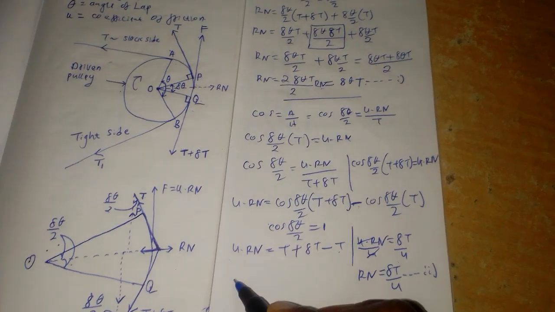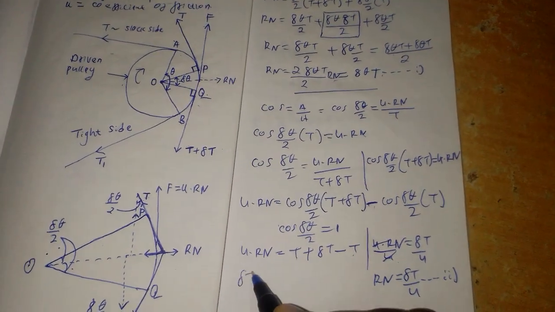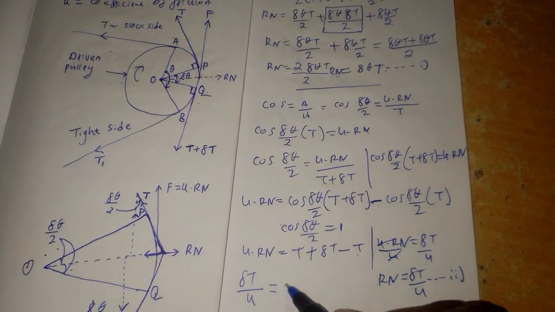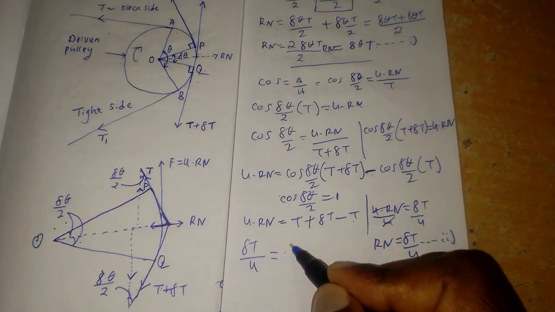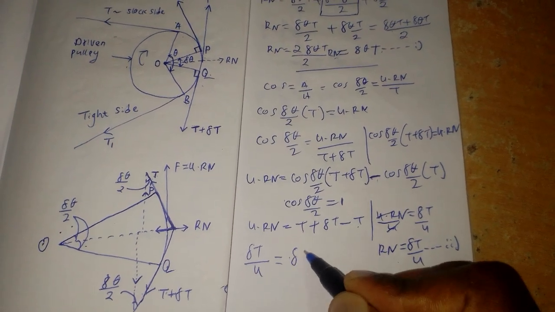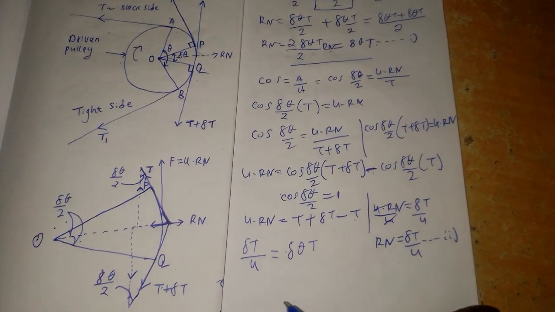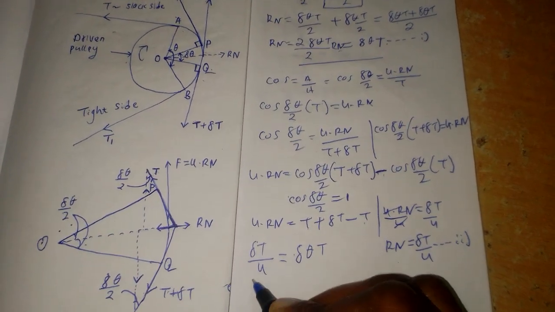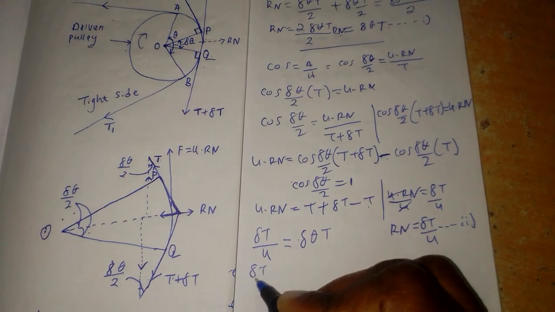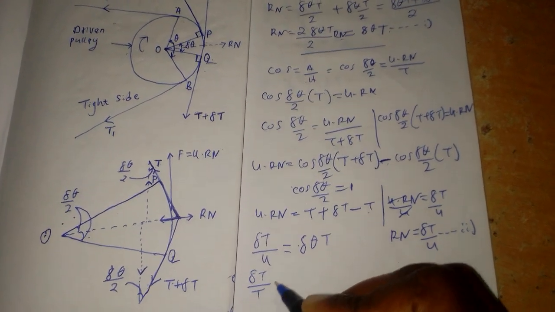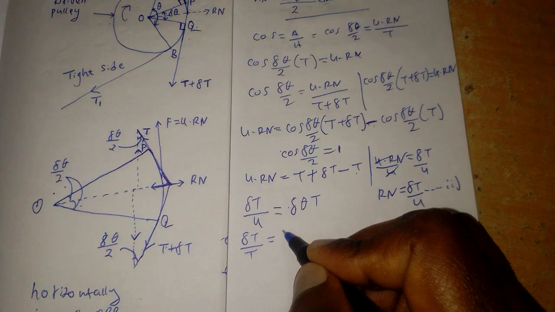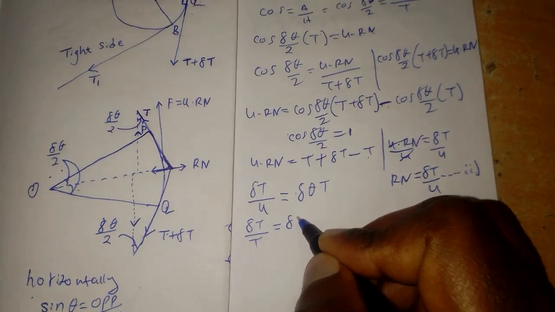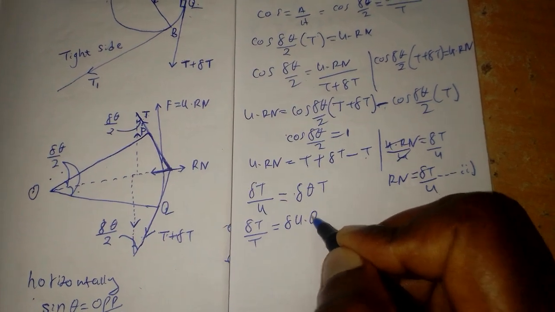Now we have alpha t divided by mu is equal to alpha theta t. This is the same as writing alpha t is equal to alpha, the same as alpha mu theta.